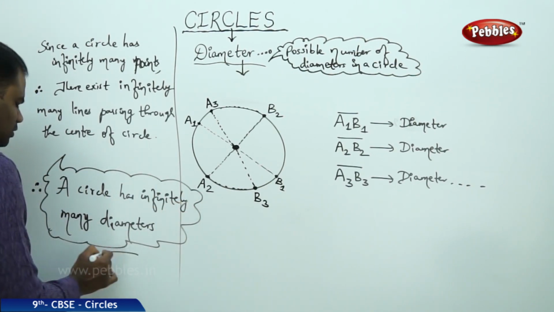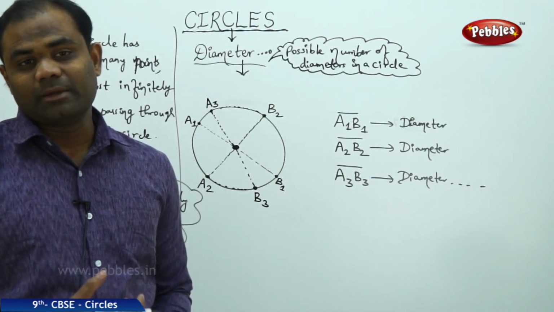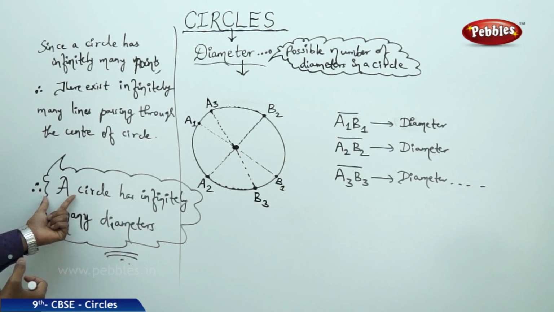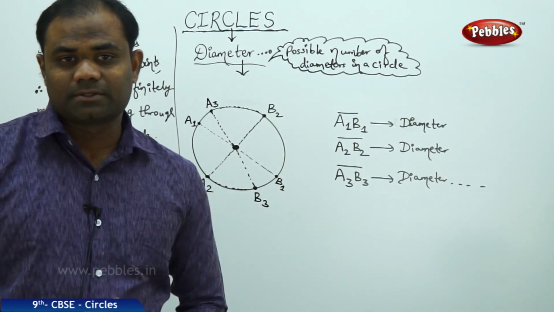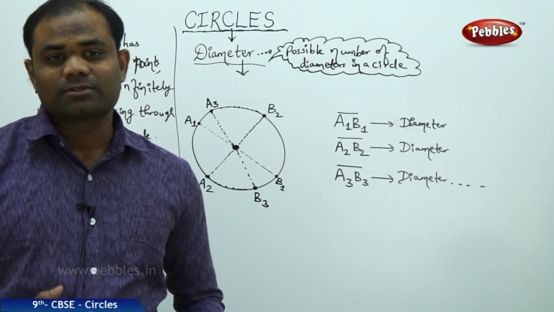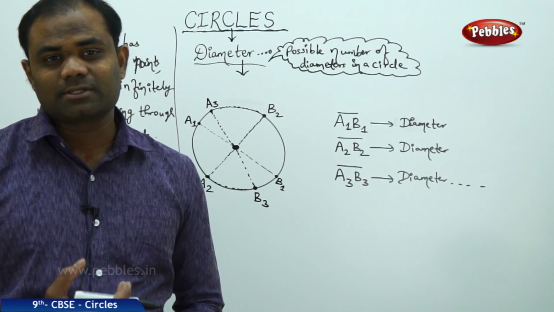So this is the conclusion we make in case of the number of diameters. My learning outcome, a circle has infinitely many diameters, is what we come to in the investigation of diameters of a circle.